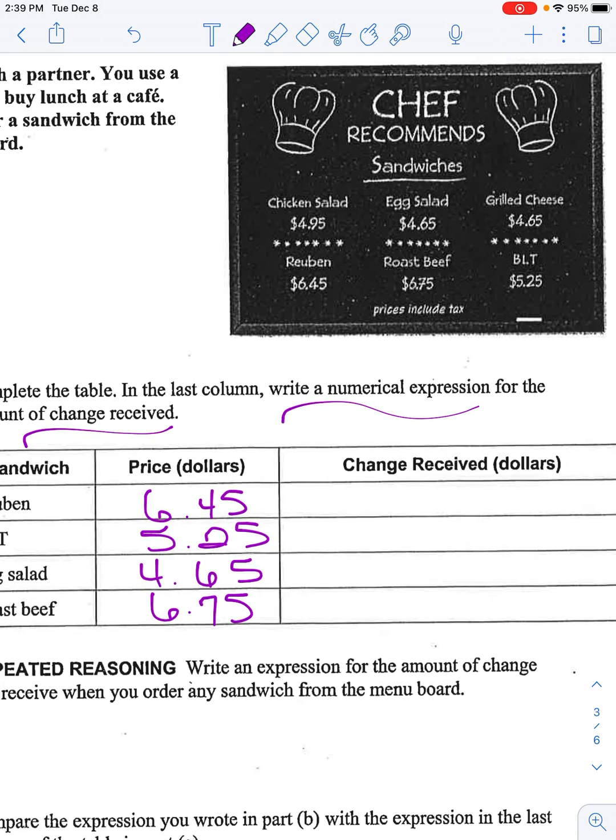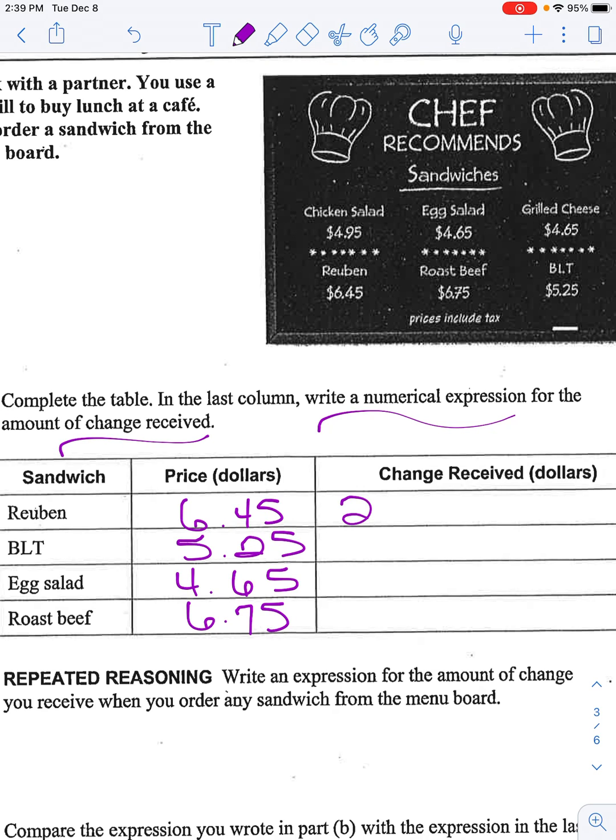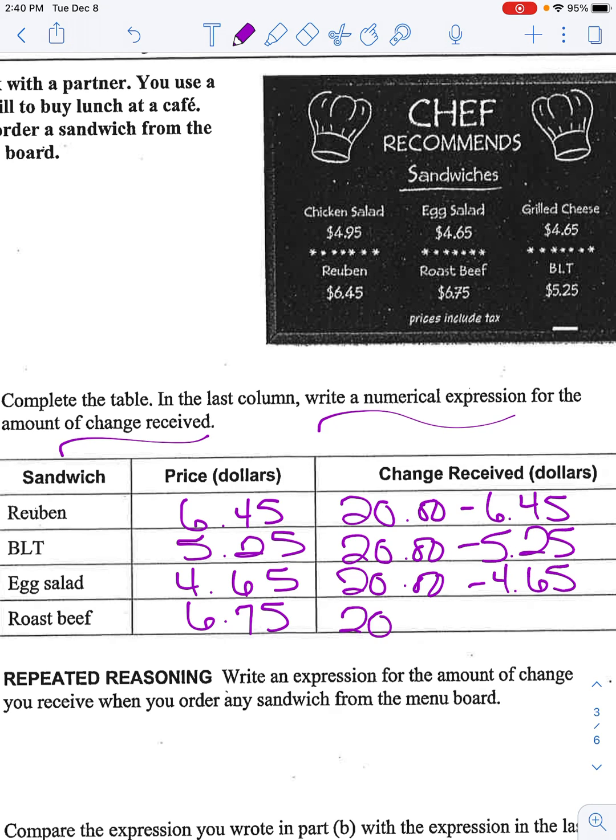So our expression for the Reuben is going to be $20 minus $6.45. For the BLT, $20 minus $5.25. For an egg salad sandwich, $20 minus $4.65. And for the roast beef, $20 minus $6.75.